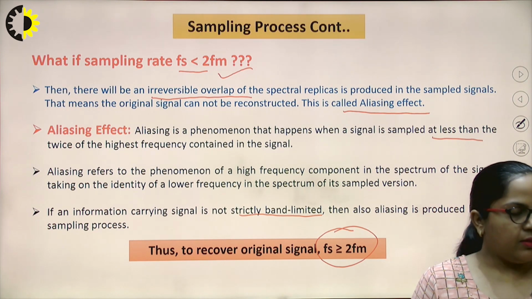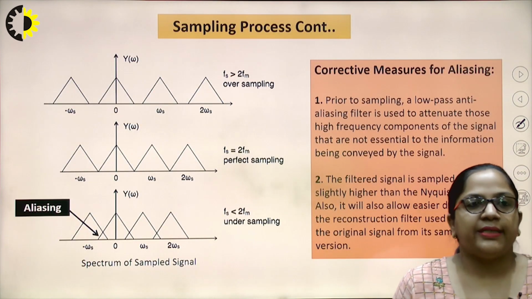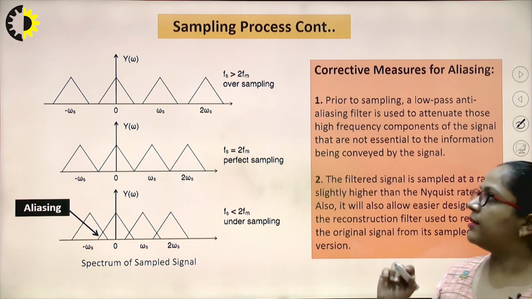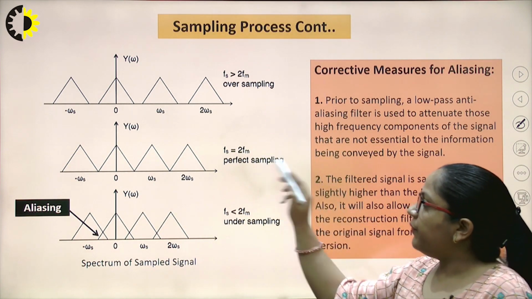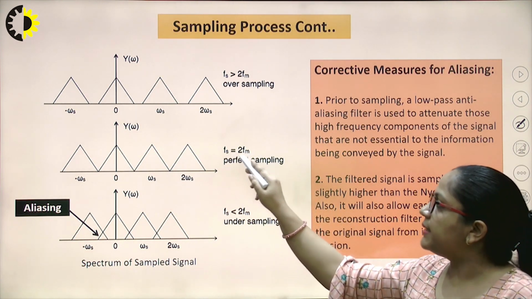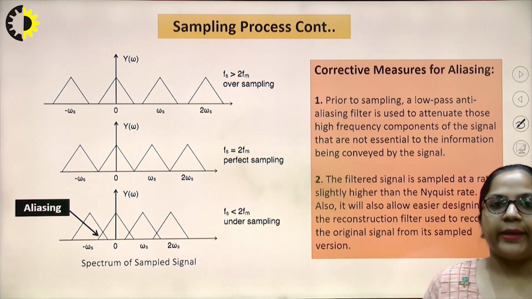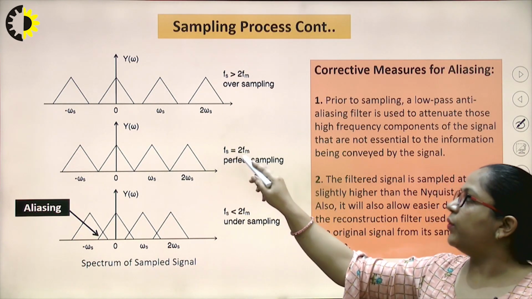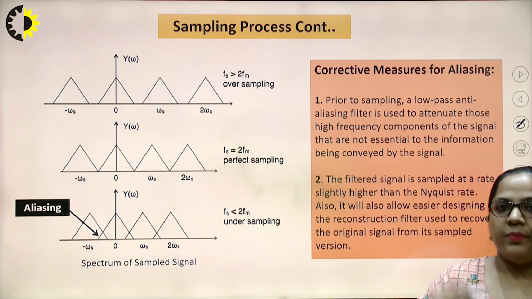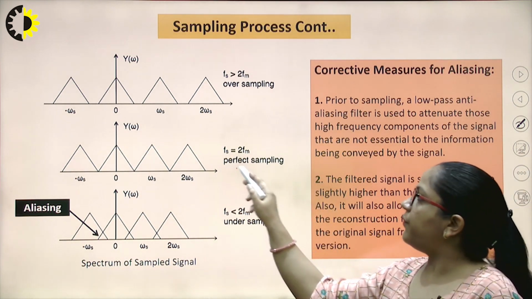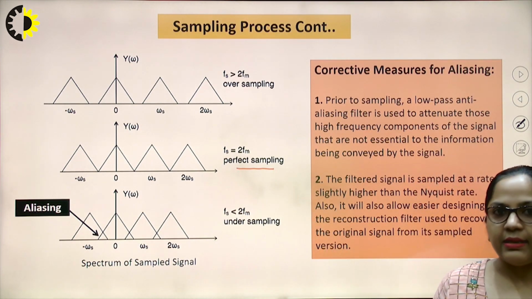Let us observe the spectra of the sampled signal. Here we have the three conditions of sampling, that is oversampling, perfect sampling and undersampling. When Fs is exactly equal to twice Fm, that means when the sampling rate is exactly equal to twice the maximum frequency component present in the message signal, this is called perfect sampling or ideal sampling.